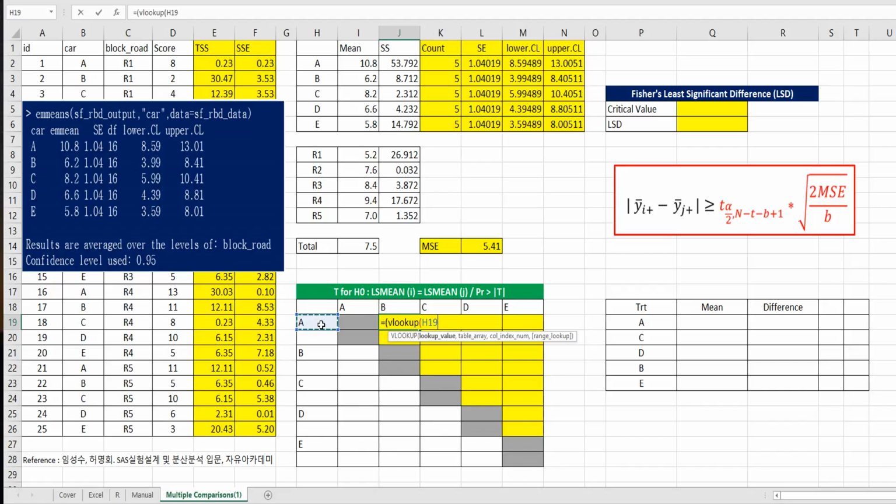So VLOOKUP, A. We need to fix only the column because we want to apply this formula to other columns. And comma, table array, press F4, comma, 2, and first, and minus VLOOKUP.